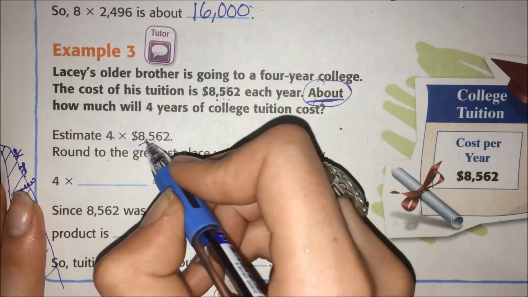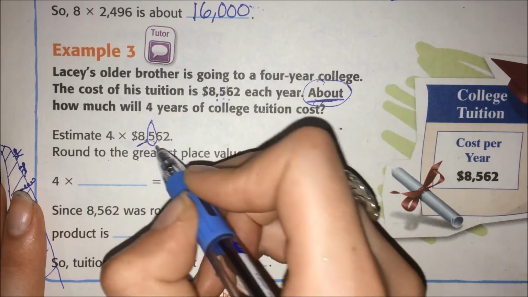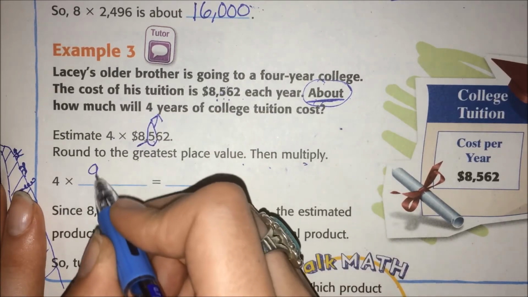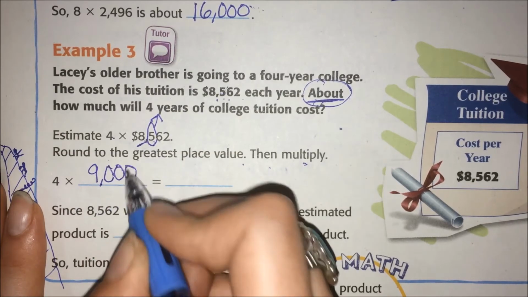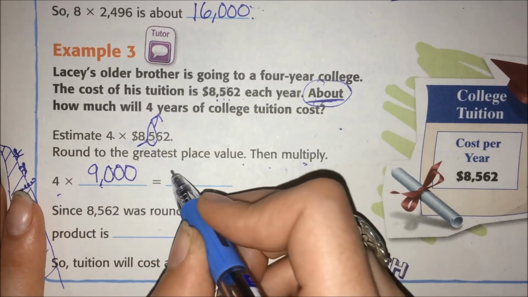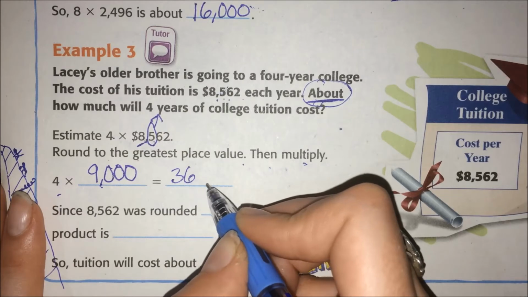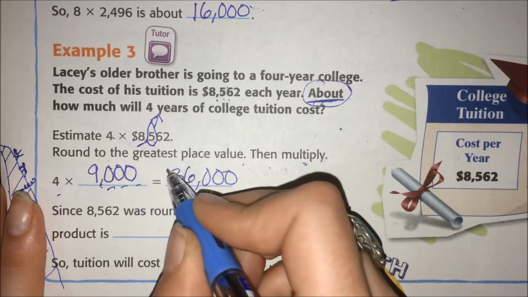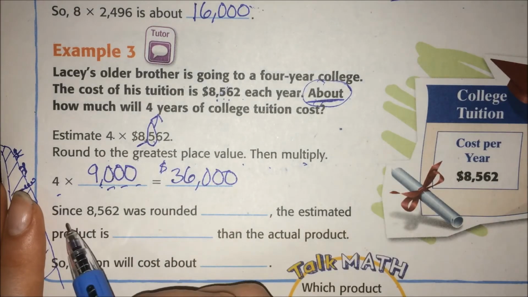So we're looking at the thousands place. Look to the one to the right, 5 and up, push it up. So we're going to push this up to 9,000. 4 times 9 is 36. And then keep the same amount of zeros, 1, 2, 3. And don't forget the dollar sign.